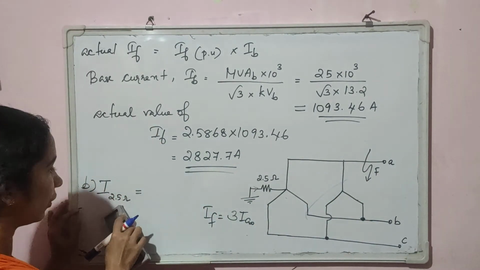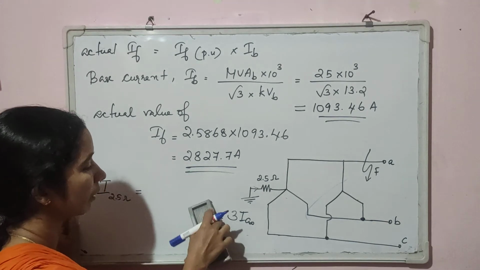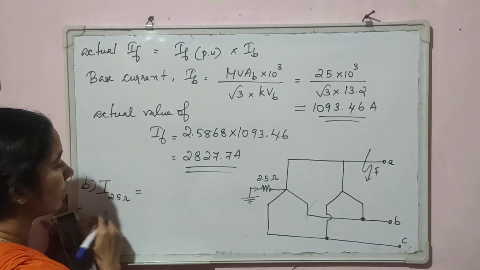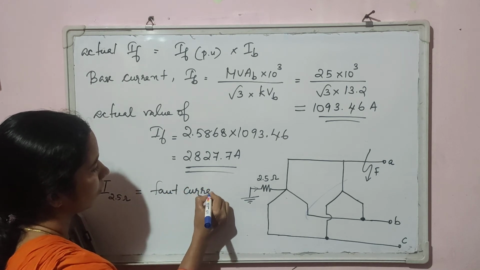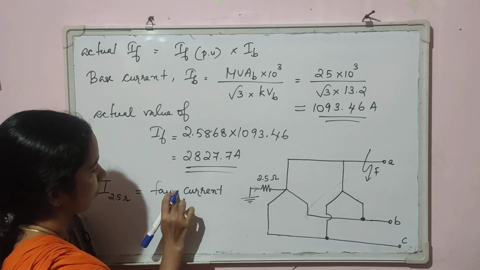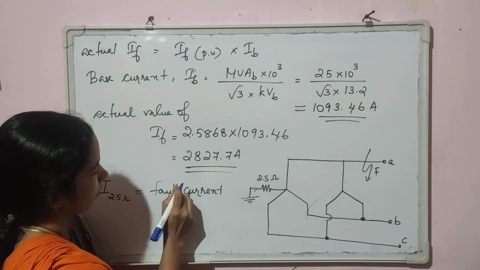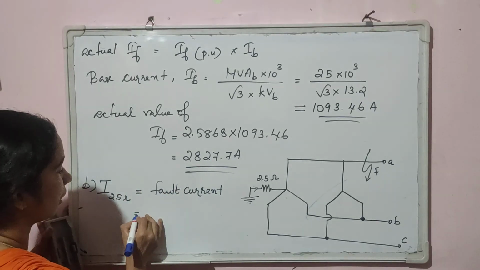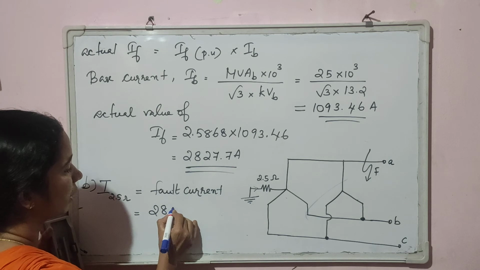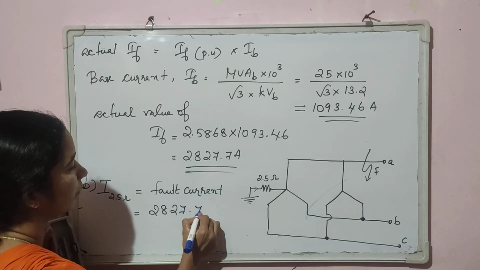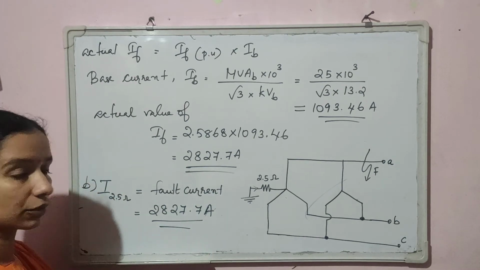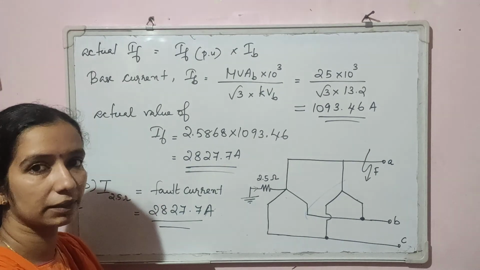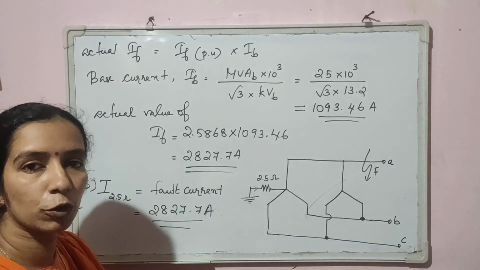So the current flowing through the 2.5 ohm resistor is equal to the fault current, which in actual value is 2827.7 ampere. Okay, so this is the answer for the second part.